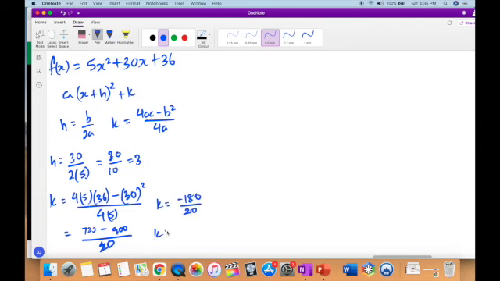So k is negative 9, right? So therefore, of the form a into (x plus h) squared plus k, a is 5, x plus h is x plus 3 squared, and k is minus 9.